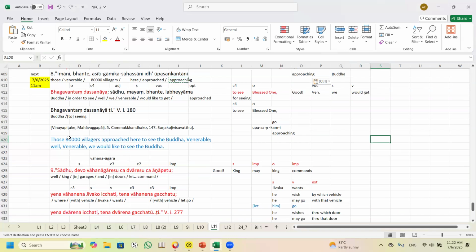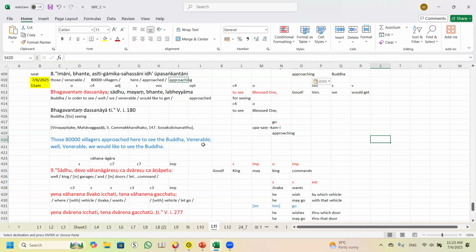So you see, now there's something like that. You must remember that in the translation, even though it changed from present tense to past tense, not a problem. From noun to verb, also not a problem. From verb to noun, also not a problem. As long as you read your sentences and can understand. Those 80,000 villagers approach here to see the Buddha.